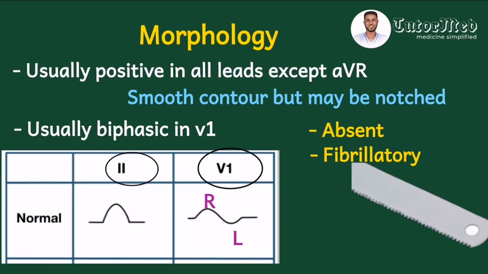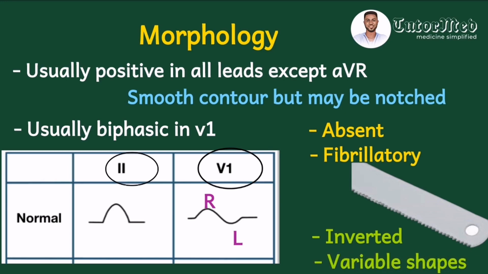The third one is that the P wave can be inverted, and inverted P waves can be seen in focal atrial tachycardia. We will look at that later. Then, the P wave can have varying morphologies on the same lead, meaning, for example, in lead 2, the first P wave may be inverted, the next may be absent, and the next may be fibrillatory.